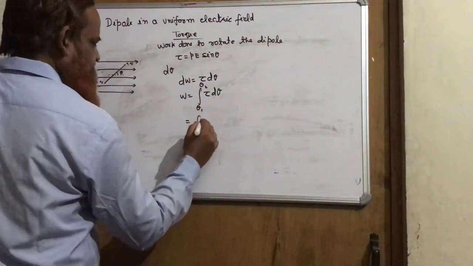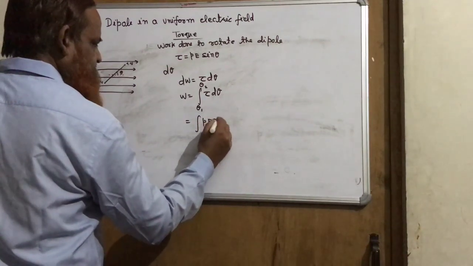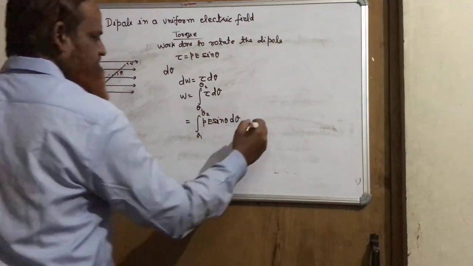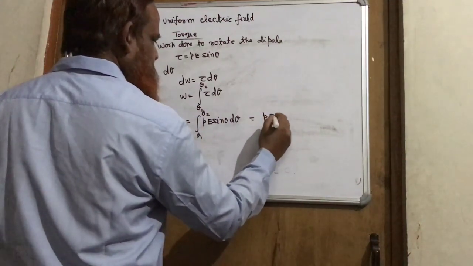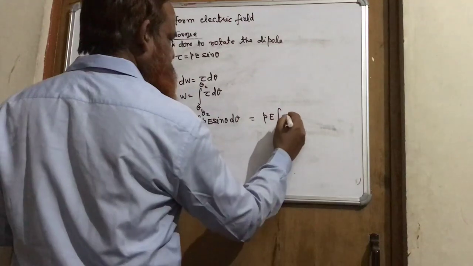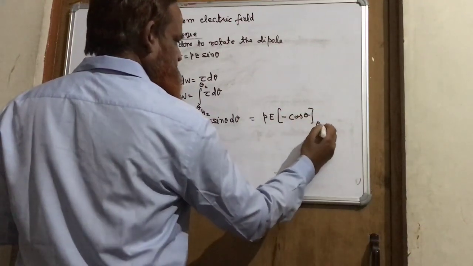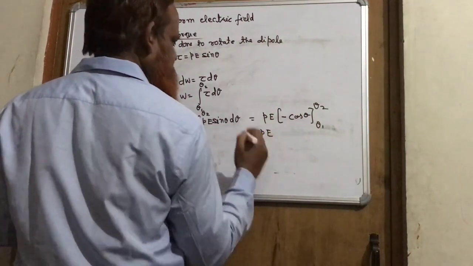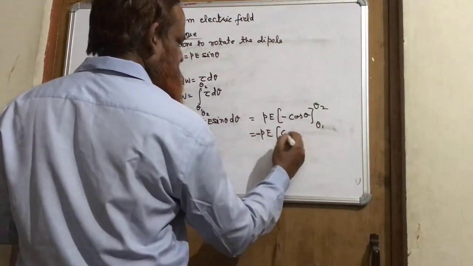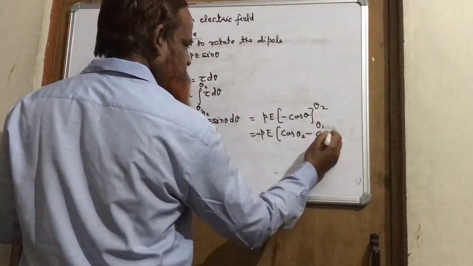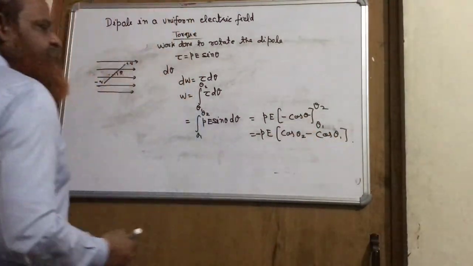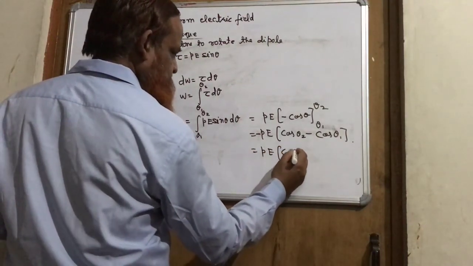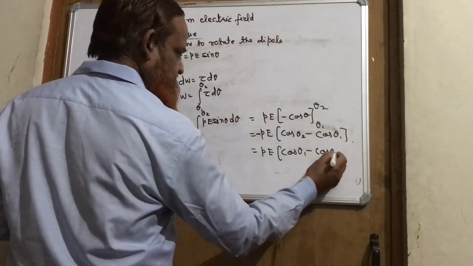Now put the value of torque: pE sin theta d theta. You know pE is constant, and the integral of sin theta is minus cos theta. We can take the minus outside the bracket and take the limits, cos theta 2 minus cos theta 1, or we can write it this way: pE (cos theta 1 minus cos theta 2).